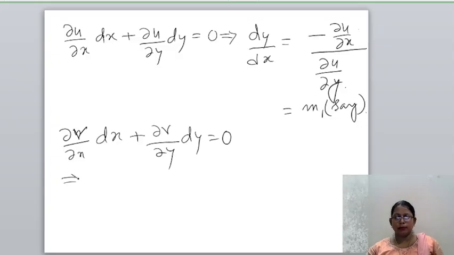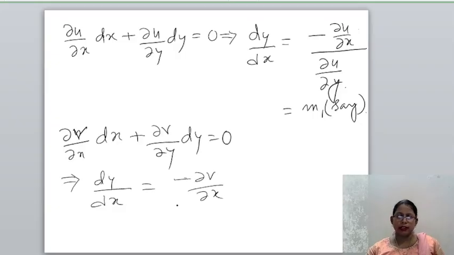This again implies dy by dx is equal to minus del v by del x divided by del v by del y.